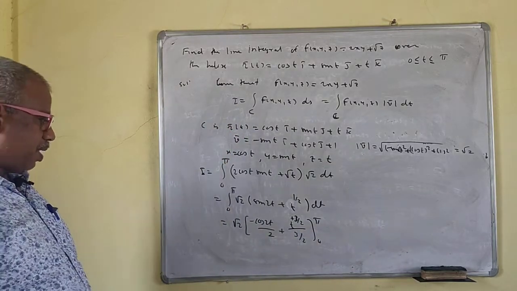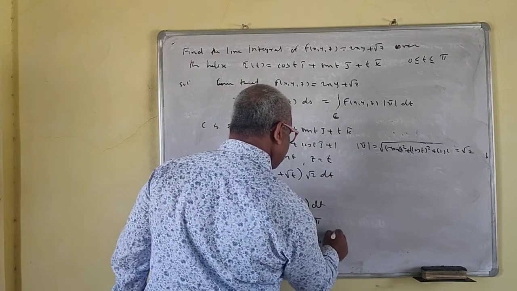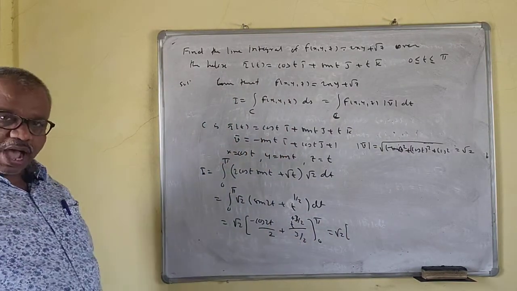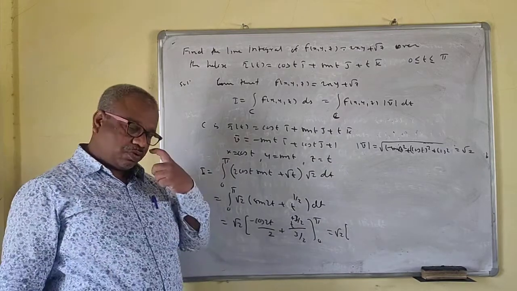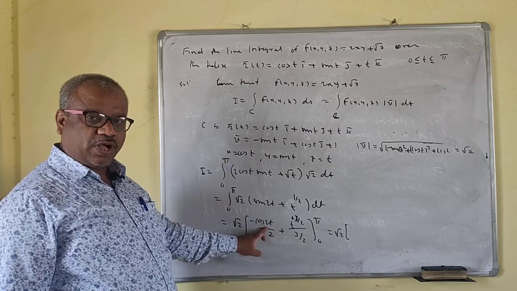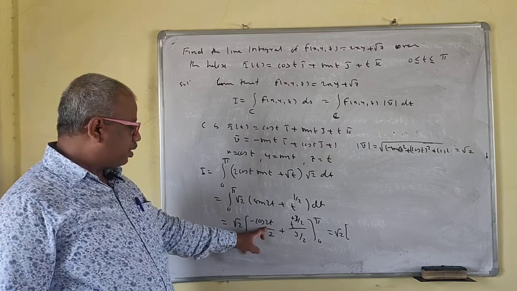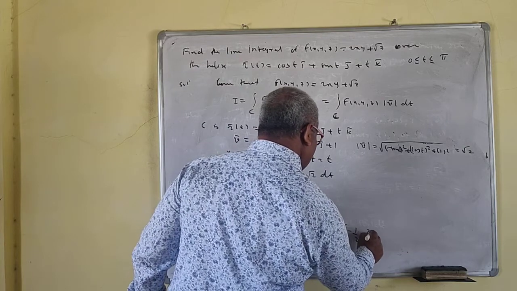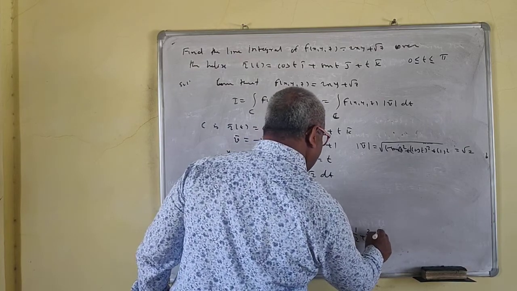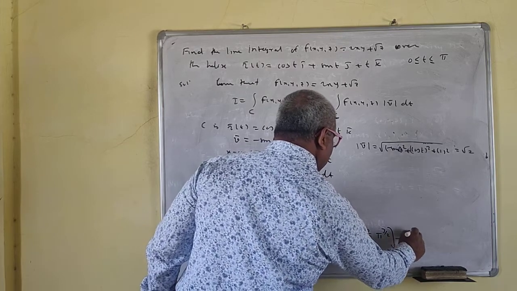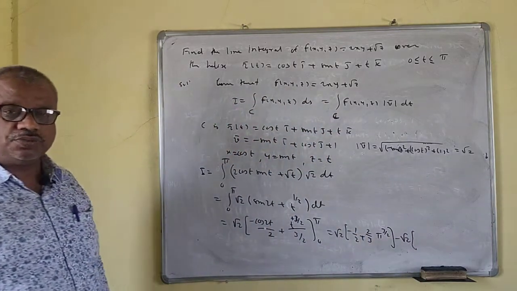So now this is root 2. We have to put t is equal to pi. If you put t is equal to pi, cos 2 pi is 1, so this is minus half, plus 2 by 3 pi to the power 3 by 2, minus root 2 times the value at t is equal to 0.